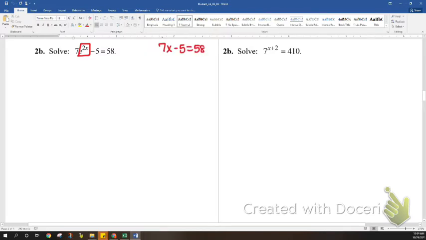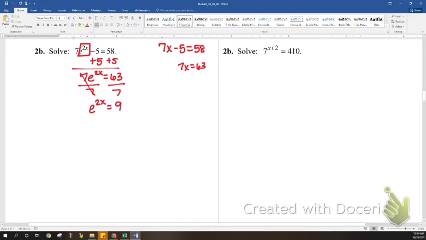How would you get x by itself? Well, you would first add 5. So we get 63, and that's no different than 7x equals 63. Then you would divide by the 7. And so we get e to the 2x equals 9.